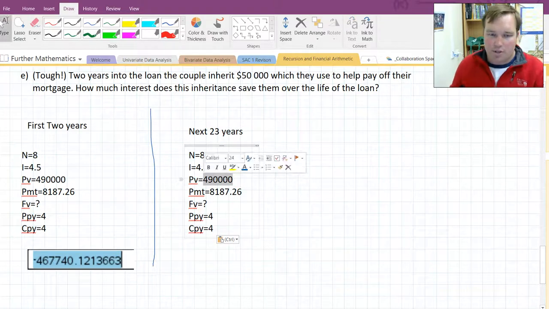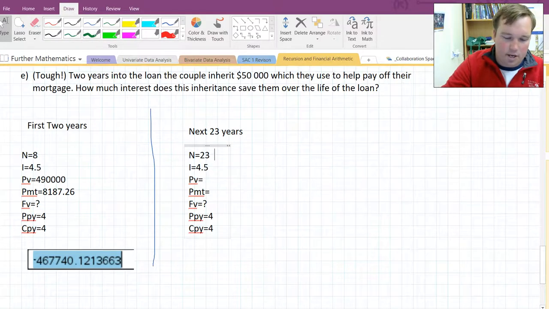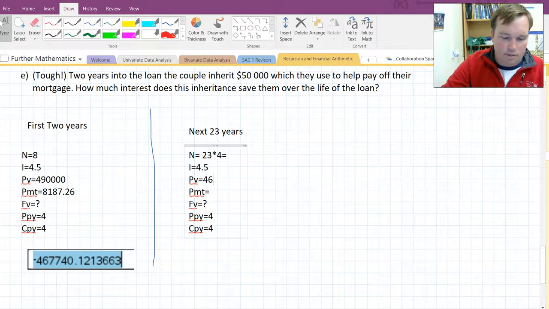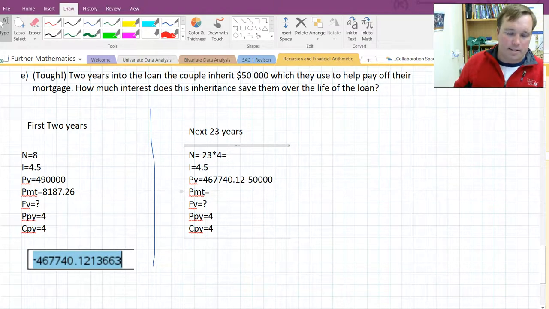So for the next 23 years, some things change. Firstly, the N becomes 23 times 4. Present value is this value here, the 467,740.12. Take away the $50,000 inheritance they received. Payment exactly the same as before.